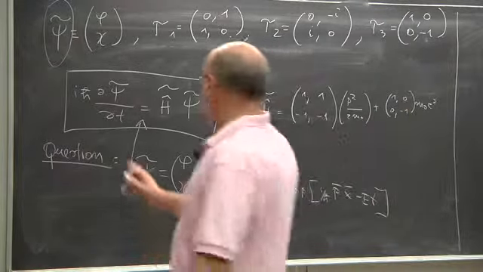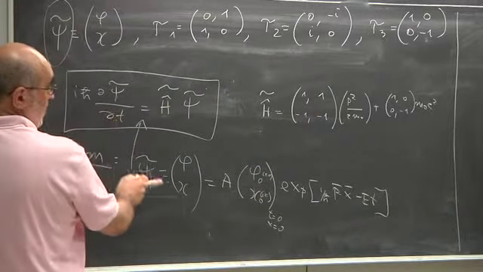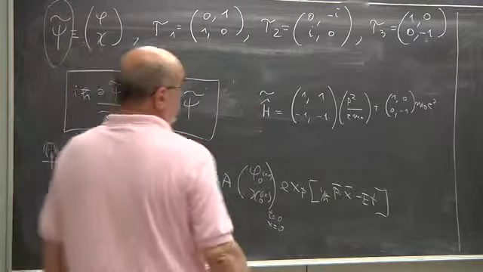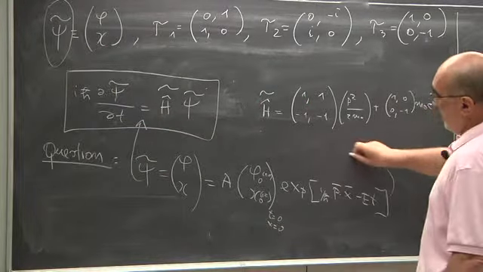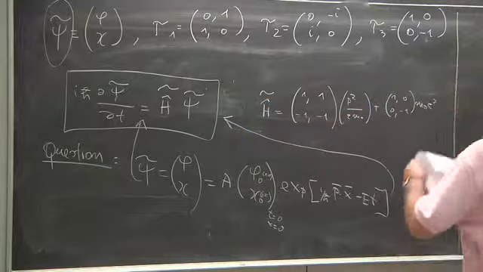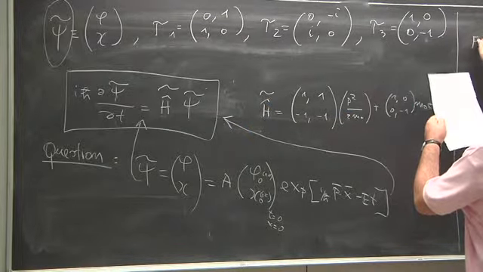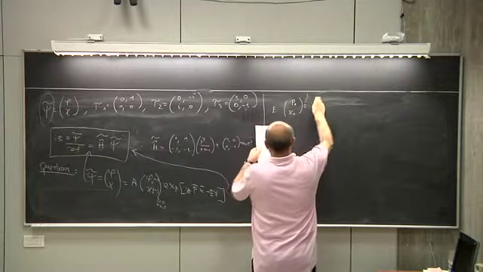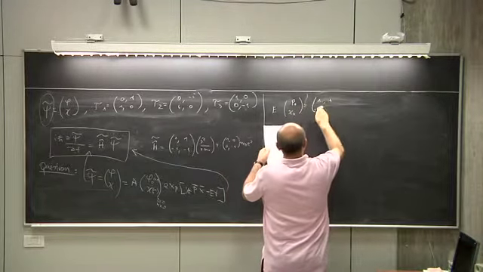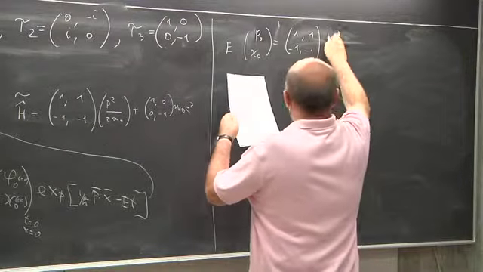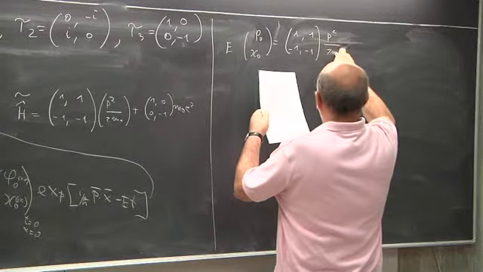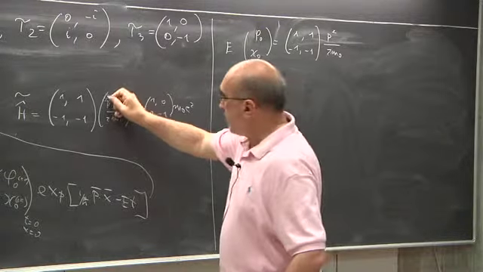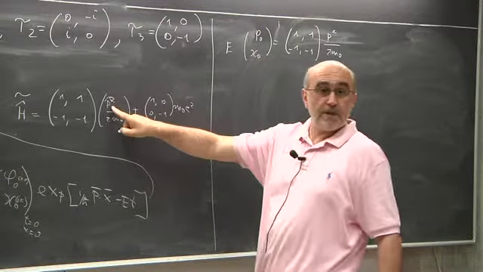Well, when I take the derivative with respect to T, where do I hit? I hit here, so I'll bring down an E. So now we plug that in, and what we get is the following: E phi 0 chi 0 equal to the matrix 1, 1, minus 1, minus 1 times p square over 2m0. This is not the operator anymore. Sorry, this is the operator, d/dx.